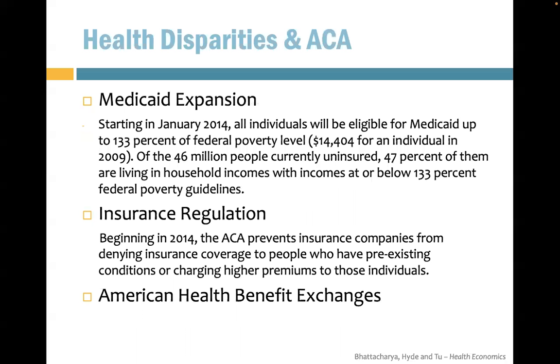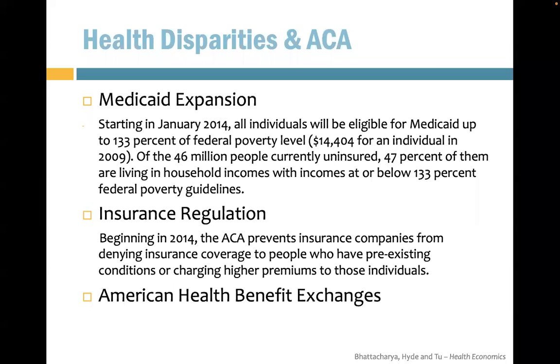About the 3 pages that I just skipped, here is about health disparities in policy. So in 2014, one of the biggest news items was the expansion of the ACA. The Affordable Care Act expanded a lot of access to insurance. First, it expanded Medicaid, so individuals that earn up to 133% of the federal poverty level are now eligible.